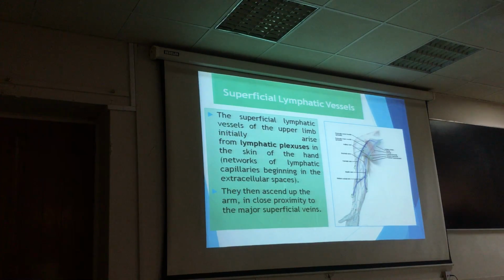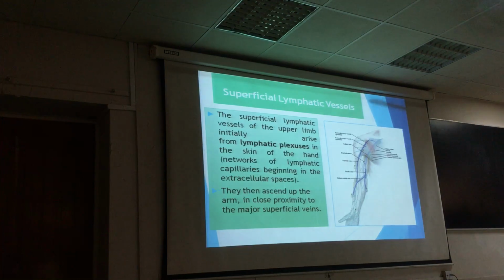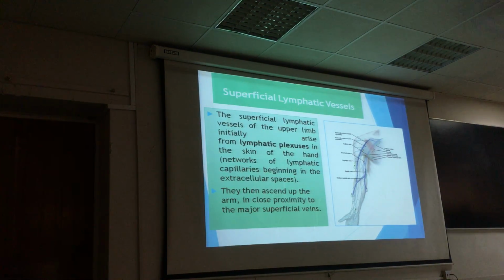Now these two veins are interconnected to each other through an oblique vein, and we call this vein the median cubital vein. This is the vein which is the site where we draw blood from the hand.